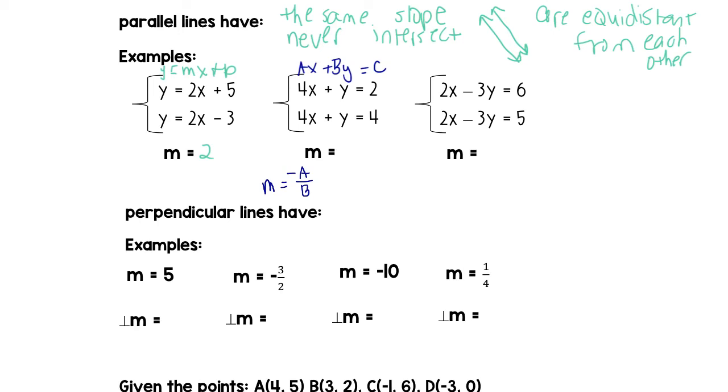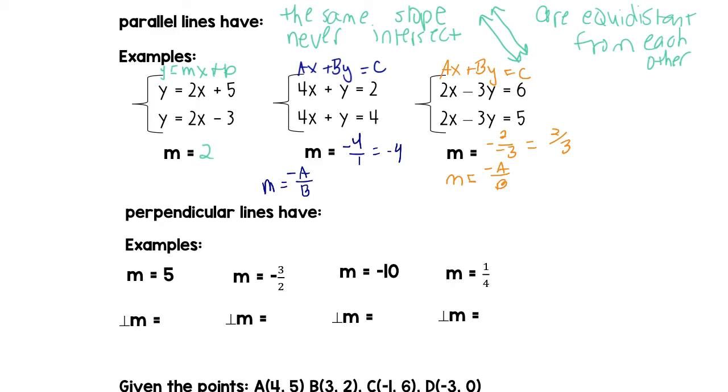So we have negative 4 over 1, which is negative 4. And then last but not least, we have standard form again, ax plus by equals c. Our slope is negative a over b. So we've got negative 2 over negative 3, which is 2/3.